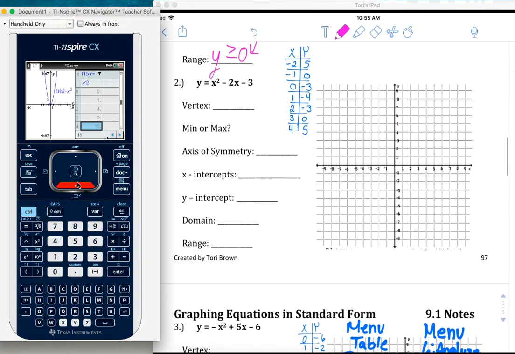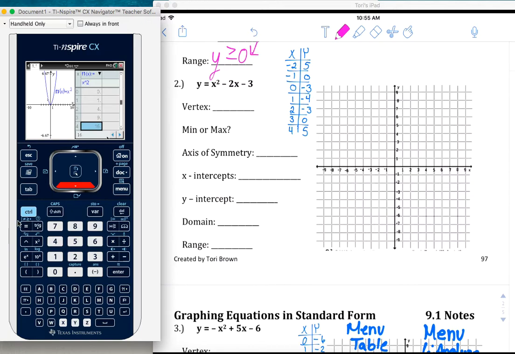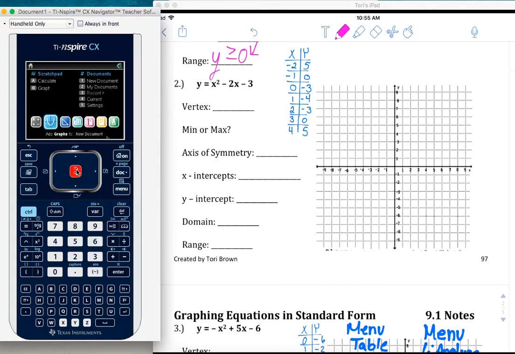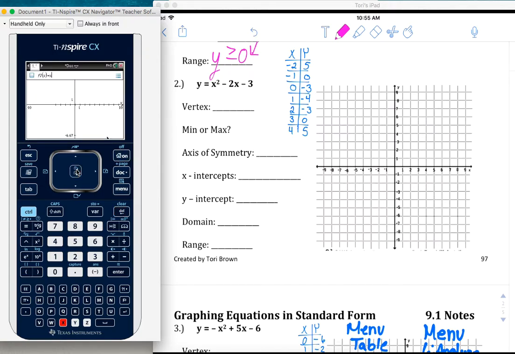So number 2, let's assume that we already did our control up. We've already deleted this page out of our calculator, and we've already made a new one. So I'm going to type that in. We're doing x squared minus 2x minus 3. And I have already written down the table for you on here, so I'll let you copy that.